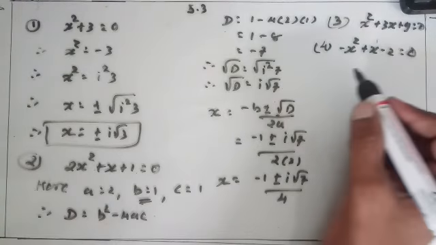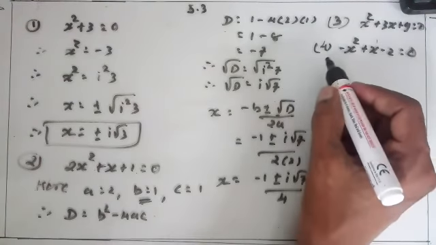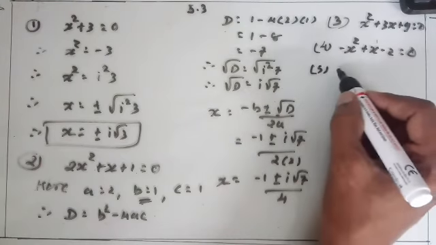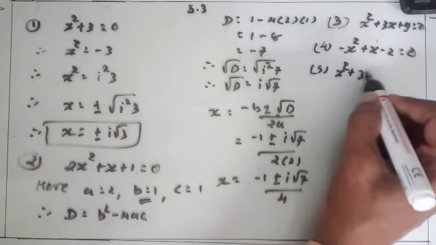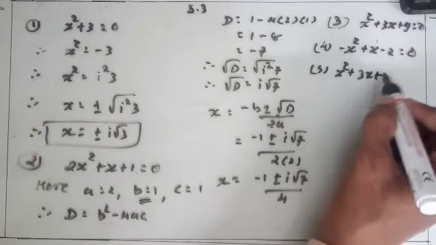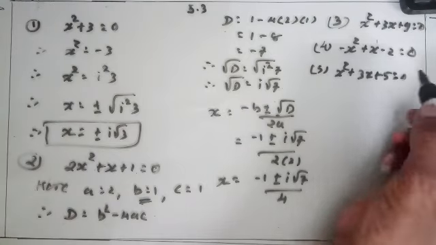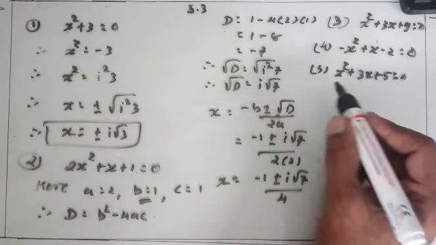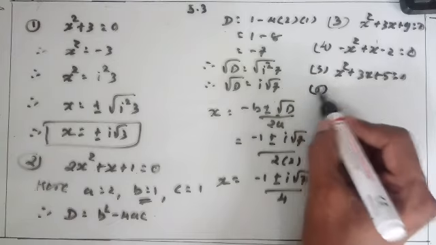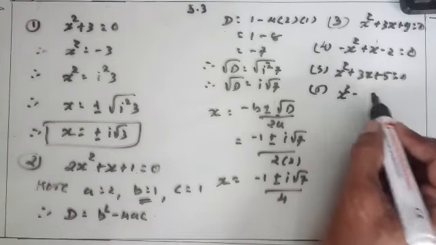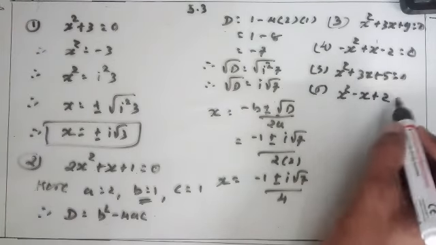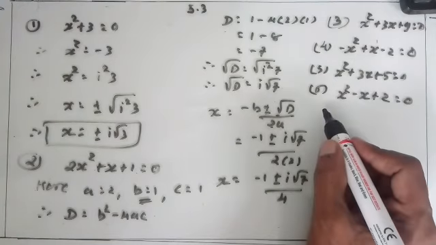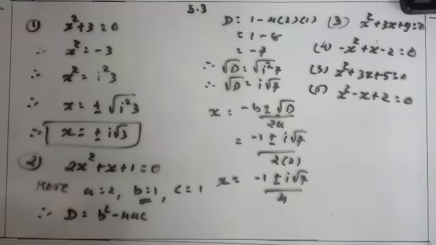Same question, you are able to solve it, just try yourself. Question number 5, x² + 3x + 5 = 0, just try to solve this equation yourself. Question 6 is also for yourself: x² − x + 2 = 0. Clear?